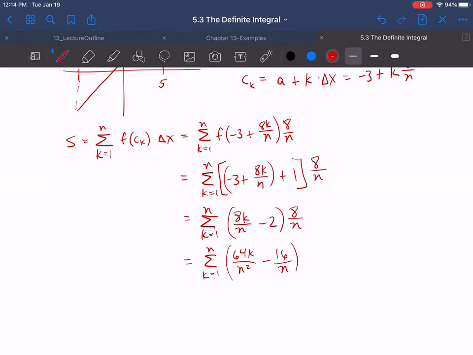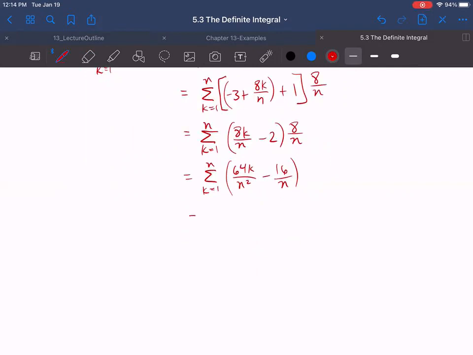So this will become the sum from k equals 1 to n of 64k/n squared. I don't need that 64/n squared inside there, because this is not a sum over n or 64, so I can write 64/n squared out front, and we have a sum over k.